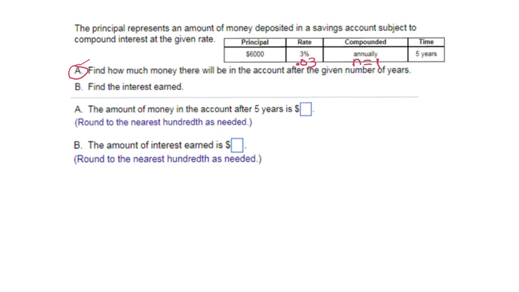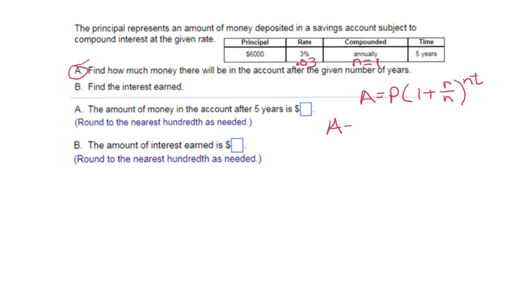So if you recall, the future value formula that was on the very first slide is A is equal to P(1 + r/n)^(nt) for the future value. So we need to go in and insert the information that has been provided in the reading.